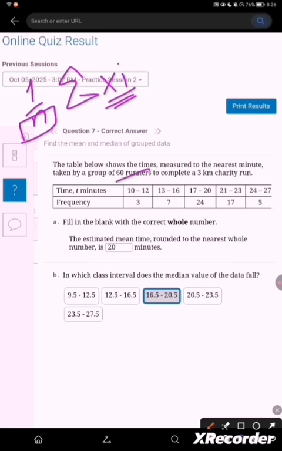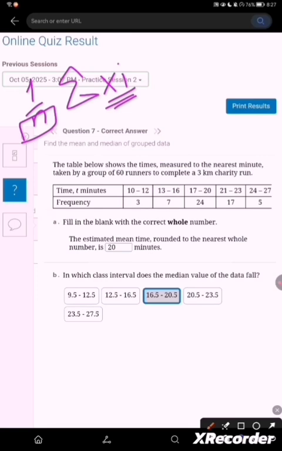Xi is considered the midpoint. So for example, 10 to 12, the midpoint is 11, right? Because if you do it on your calculator, 10 plus 12 divided by 2, okay, you're going to get an answer of 11. Or for example, 13 and 16. 13 plus 16, okay, divided by 2, you get 14.5. So that means your midpoint here is 14.5. So that's your xi, okay?